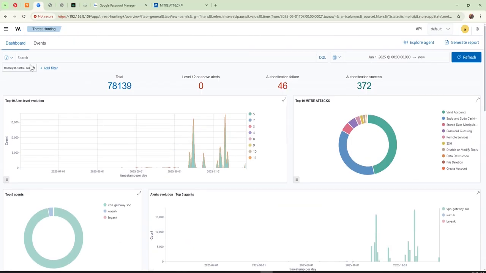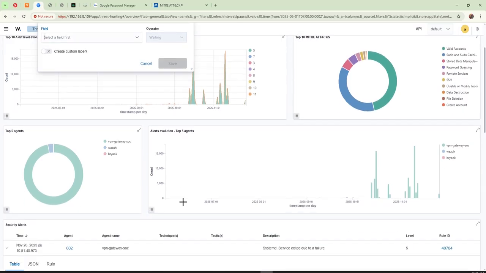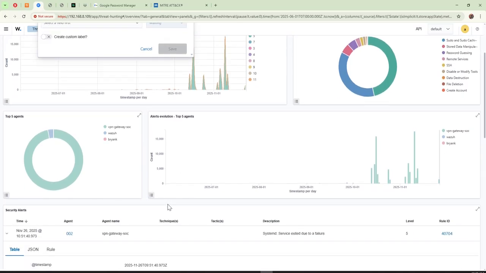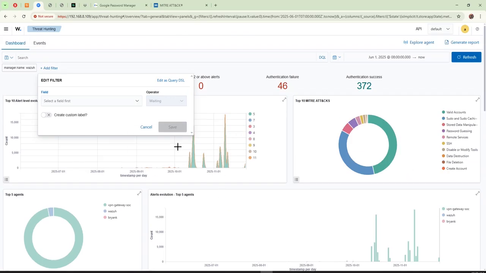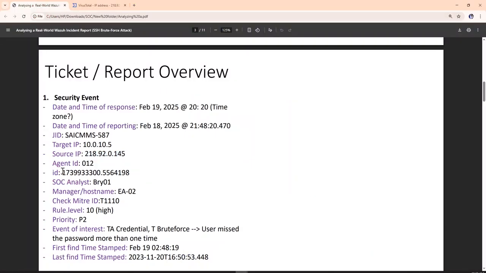You can also start getting used to how to add the filter. You can decide to add a filter for name, filter for ID, filter for agent IP. It will show us all the stuff that that IP has done within the particular time frame. If you raise a report and I want to go and verify that report, I will use this particular ID, which you must not forget when writing a report.